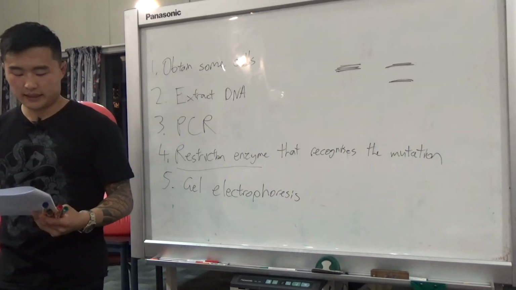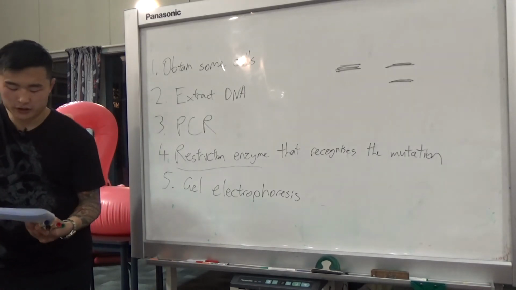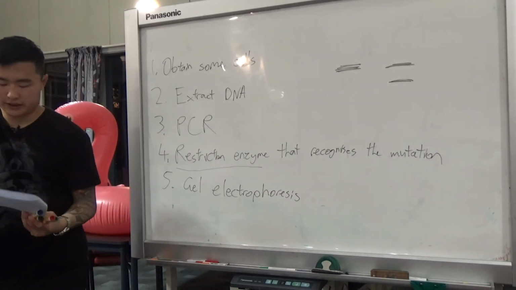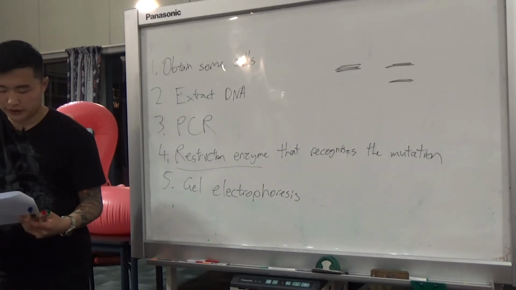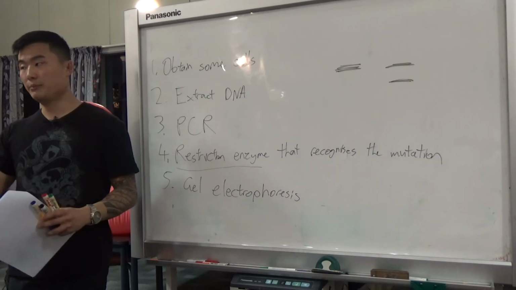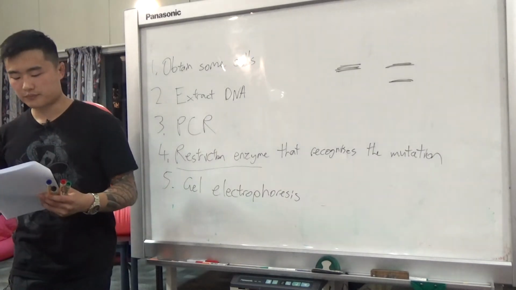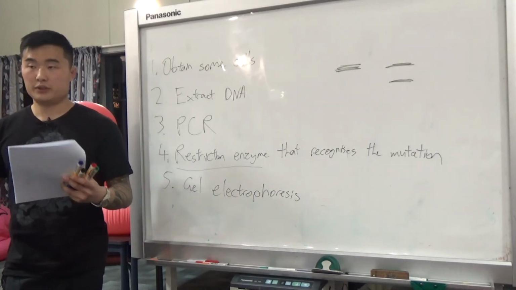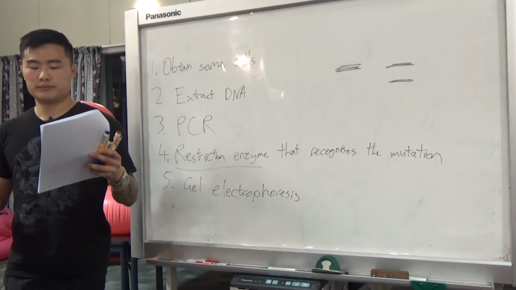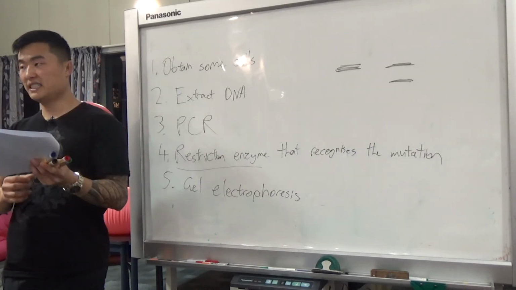Okay, and the specific cancer that you were told about is chronic myeloid leukemia, which occurs due to a translocation event. Translocation means that you've moved one part of the chromosome to another chromosome. And so when that occurs, you've got two genes that are normally separate becoming one gene.